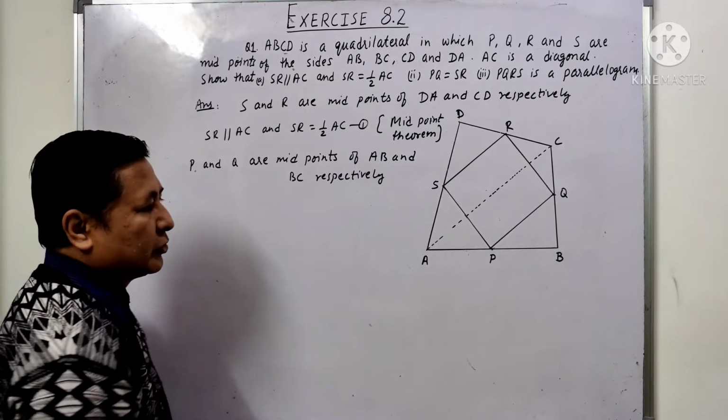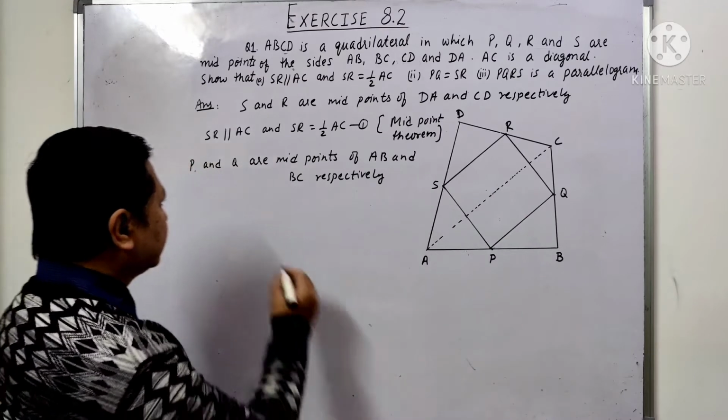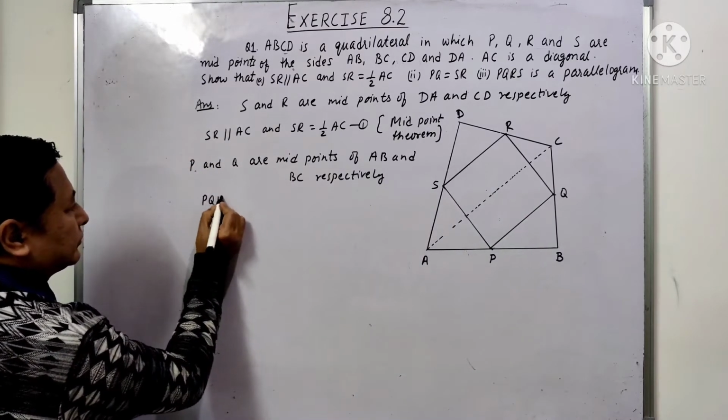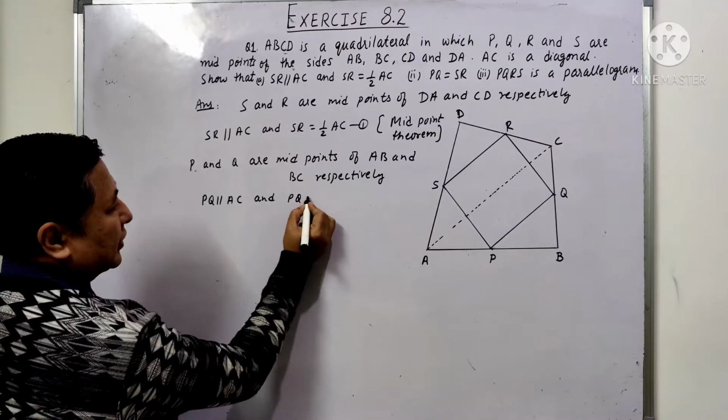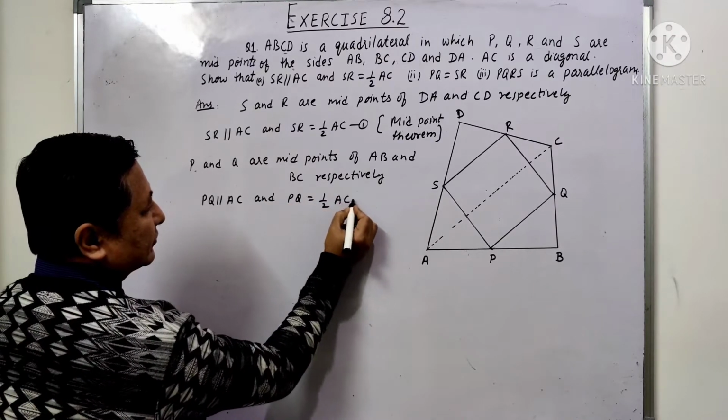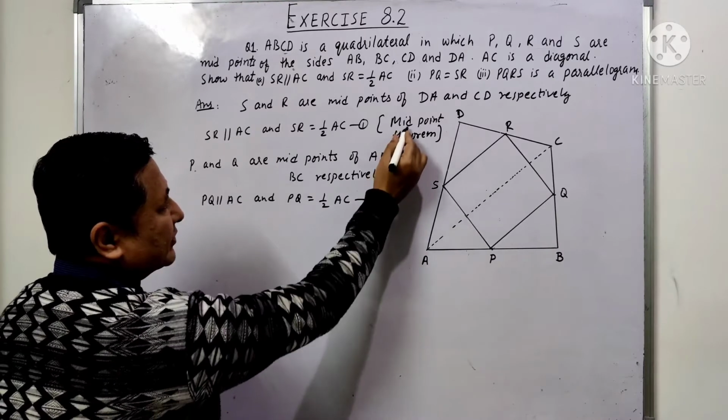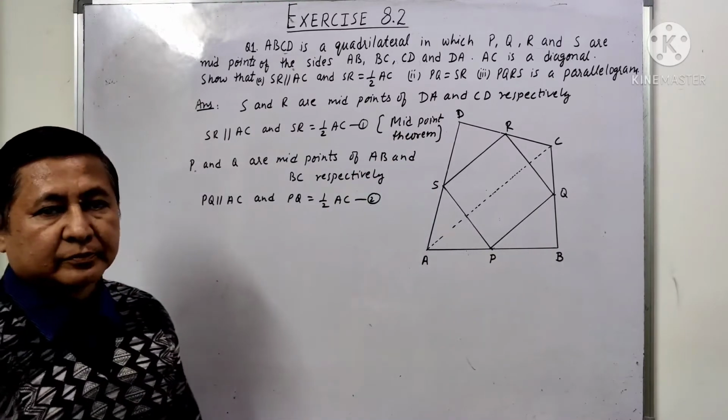So therefore PQ will be parallel to AC and PQ will be half of AC, and again the reason will be the same, that is the midpoint theorem.